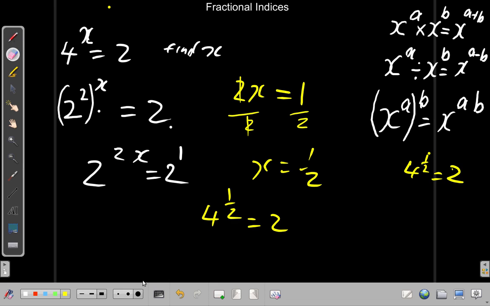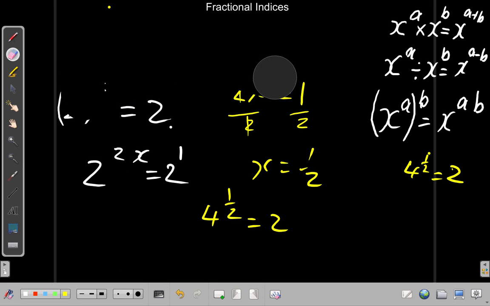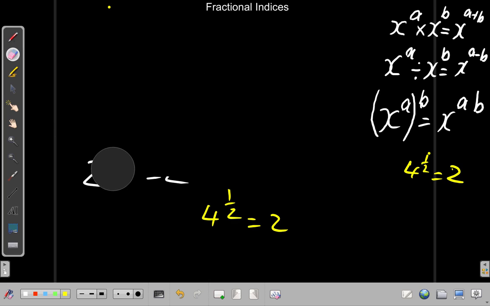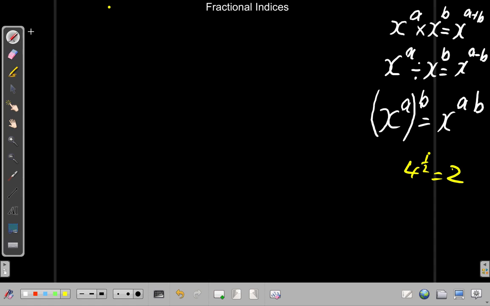Now, let's look at another example. If we have, say, 3 to the x equals 9, then we can rewrite the 9 as 3 to something. It's 3 squared.